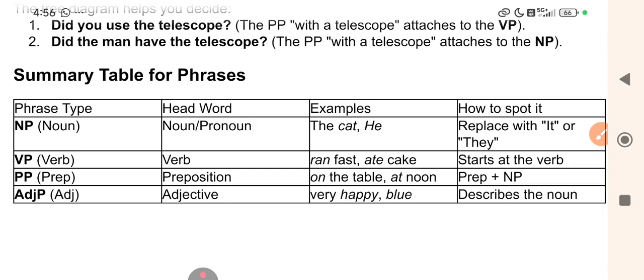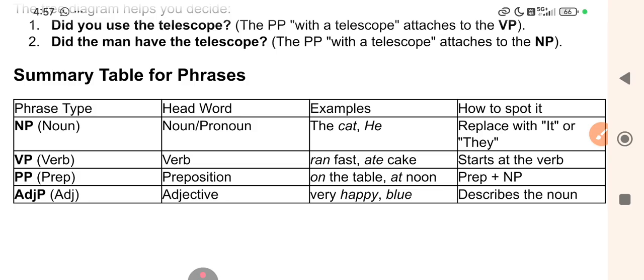So that is all for this analysis. In this video we have discussed the three levels we can follow. First of all, we have to find the main verb, and then the phrase preceding it is called the noun phrase, and the following phrase, from the verb to the end, is called the verb phrase.